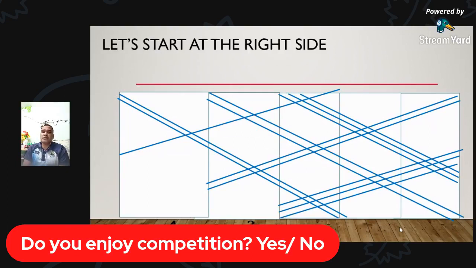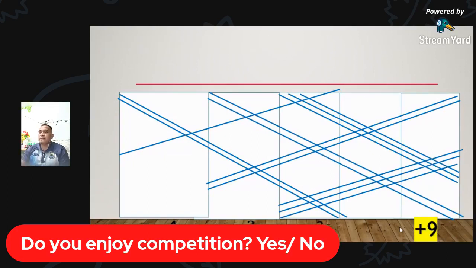So let's start at the right side. Again, we will count the intersections starting from the right side. 1, 2, 3, 4, 5, 6, 7, 8, 9. So the constant is 9. Since these are intersections of same color lines, the answer is positive.